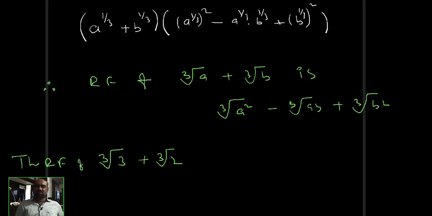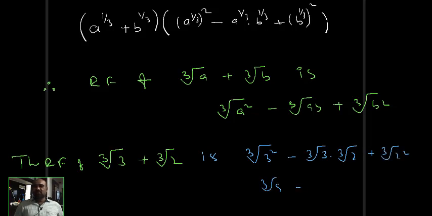So I can write the answer directly: cube root of 3² minus cube root of 3 into cube root of 2 plus cube root of 2². This is the RF only. Or another form is cube root of 9 minus cube root of 6 plus cube root of 4. This is my RF. This is the RF of this, or this is the RF of this.